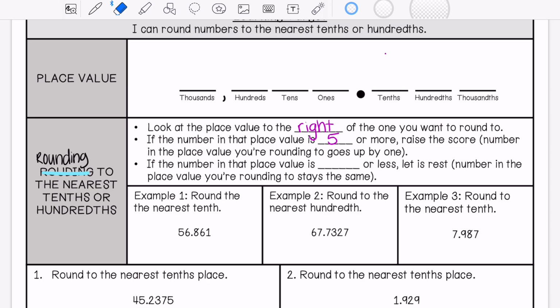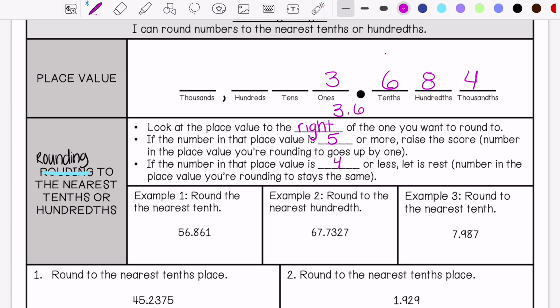If you're rounding to the hundredths place, say we have 3.684, this is the next one. If the number in the place value is 4 or less, you let it rest. That means the number in the place value you're rounding to stays the same. So if I look at this number, it's 4 or less. So let it rest. This stays the same. So I round this to 3.68.